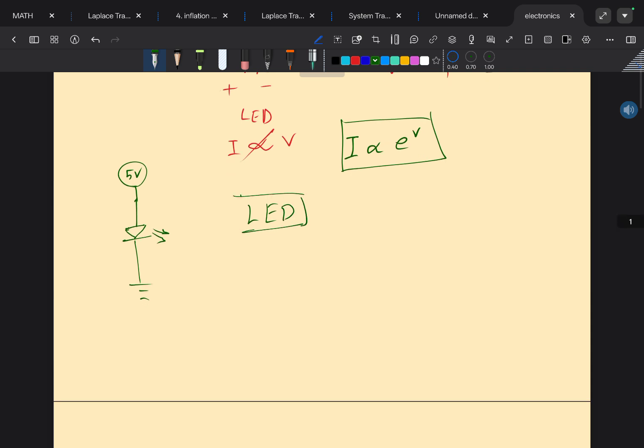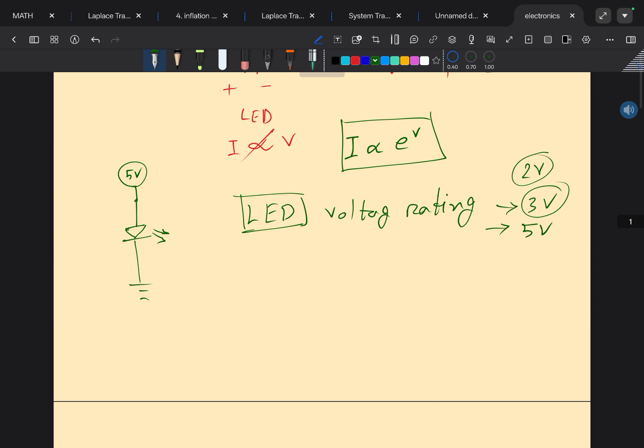LEDs generally have a voltage rating like 3 volt or 5 volt. 3 volt is the most generic, 3 volt to 2 volt. 2 volt is also very popular.